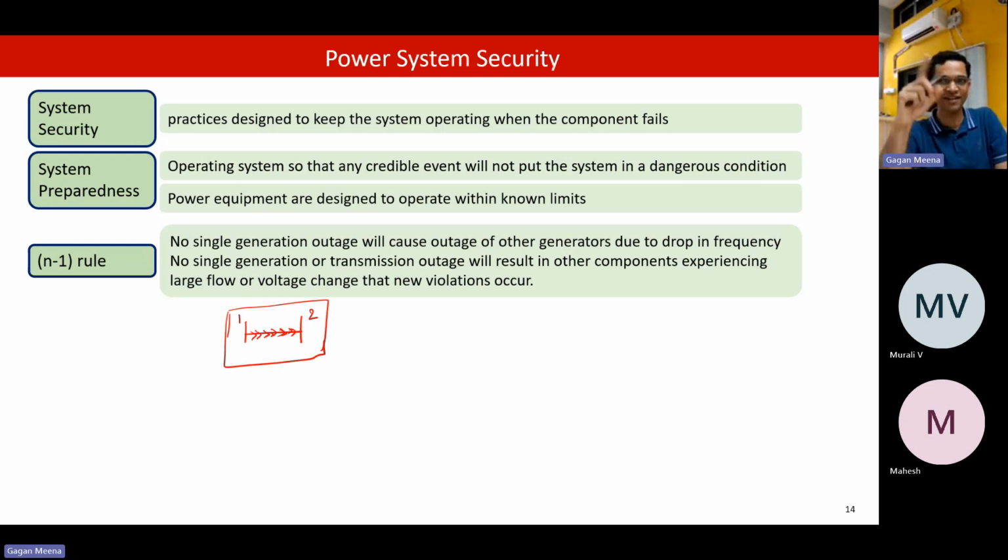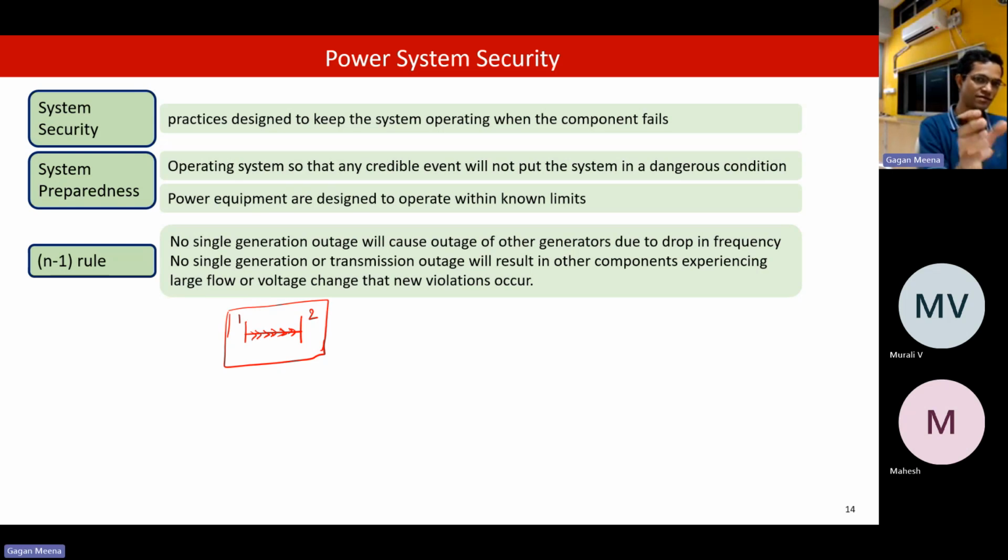We cannot operate it at 100% of the limit to avoid such a situation, because emergency situations are always there. That safety factor is kept. They are loaded only to 50% or 60% of their thermal capacity.